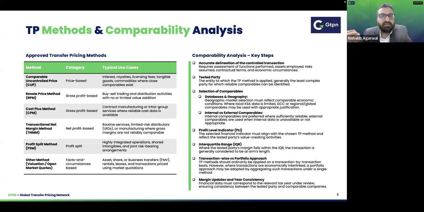However, these five OECD approved methods, ideally speaking, can be used in certain sets of transactions. The first one, the comparable uncontrolled price method, is the most direct because it is directly comparing the absolute price of a controlled transaction to an uncontrolled transaction. Thus, it can be used in any sort of situation.